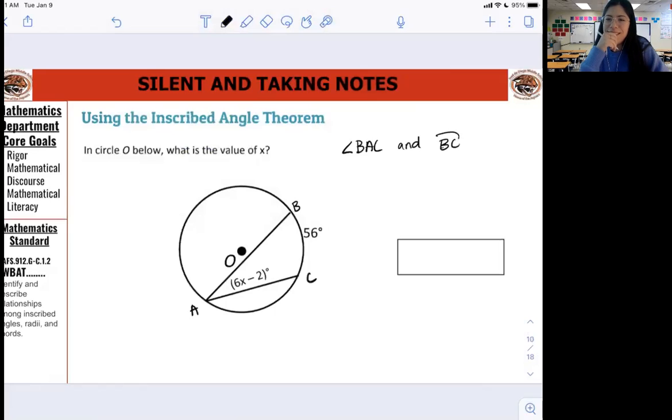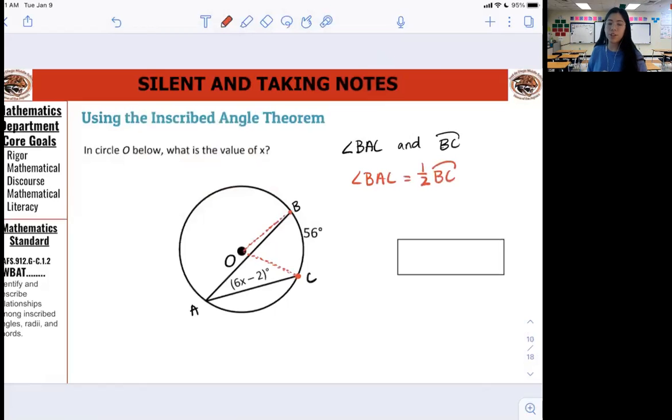Uh-oh. Well, does it help if I do this? It's half. Just because they didn't draw the central angle, we know that angle BAC is 1/2 of BC.